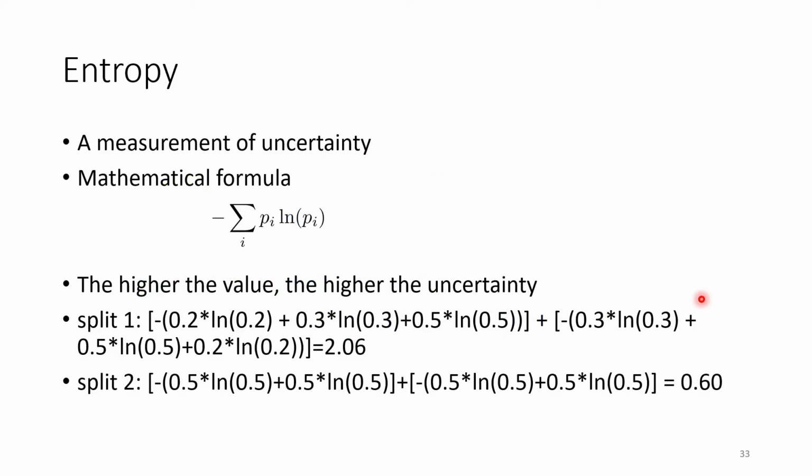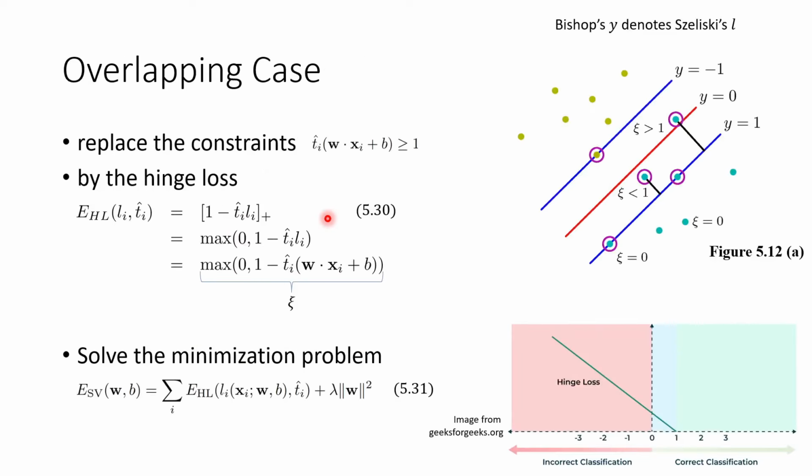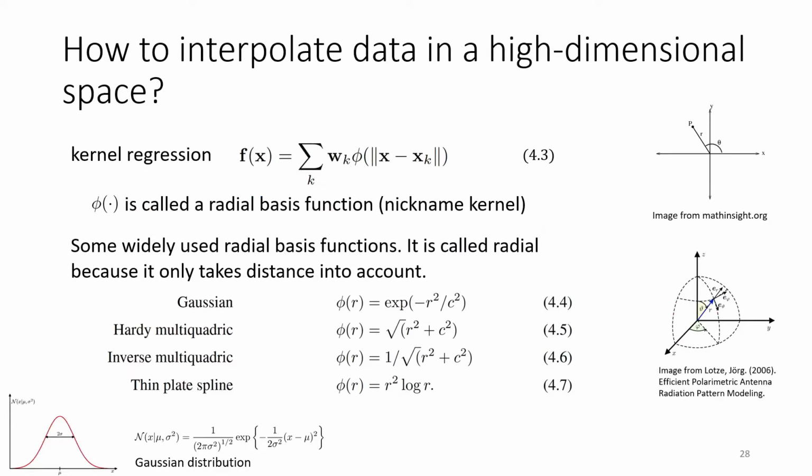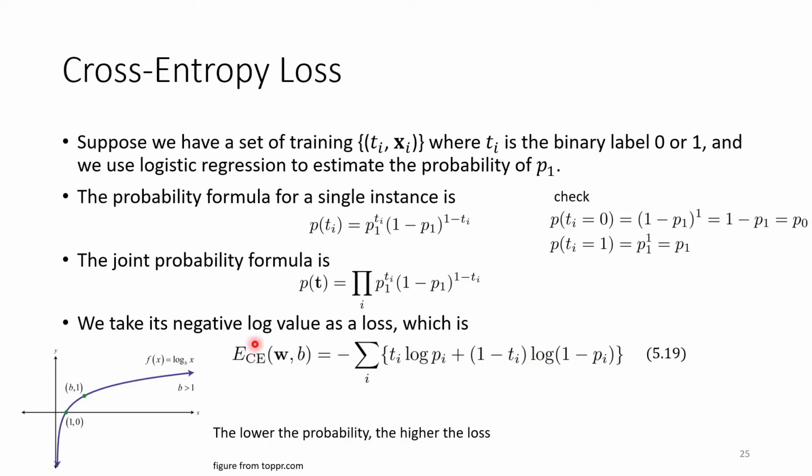So how do we measure the entropy? The mathematical equation is the probability times its log probability, and its negative. Here again, you see the negative and the log probability. It's very similar to the cross-entropy loss. You also see the negative sign, the summation, and the log here.